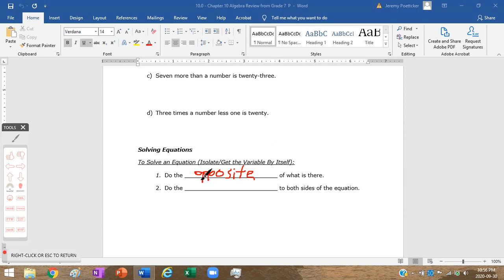We have to do the same thing to both sides of the equation, right? Think about a teeter-totter. If we're going to add 5 students to one side and we want it to stay balanced, we got to add 5 students to the other side and hope the board is not weak, but that's another story.